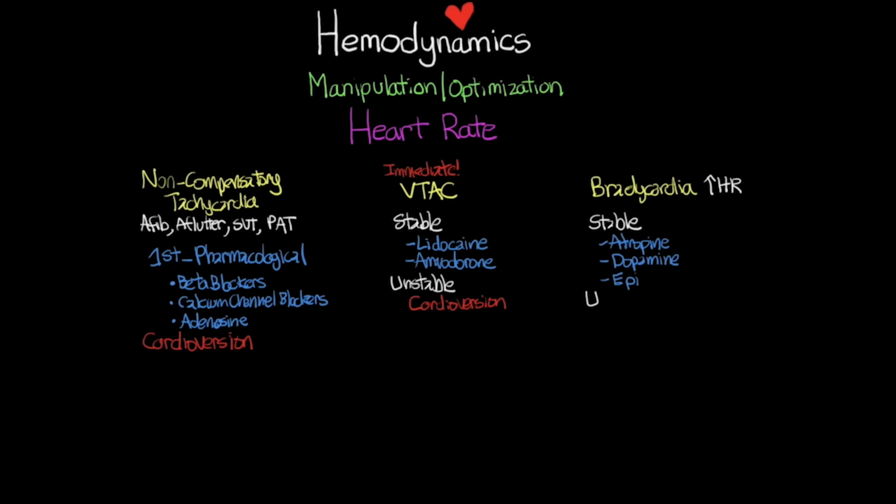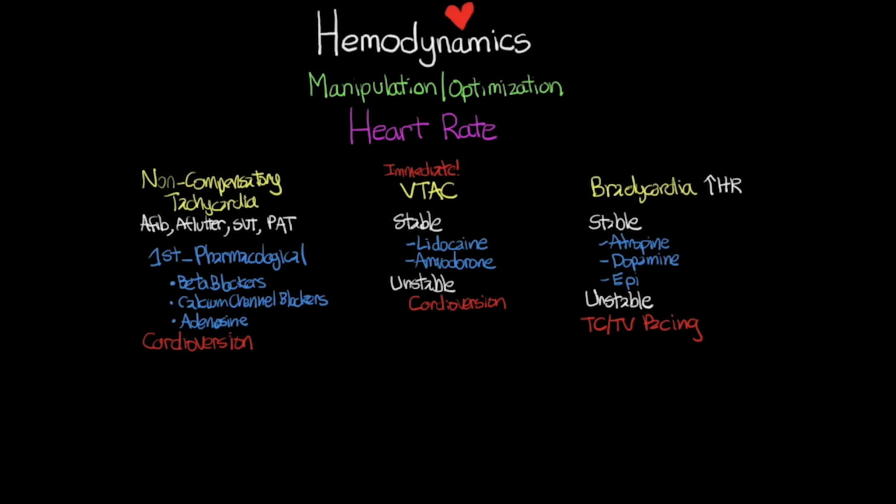But if your patient is either unresponsive to those or they're unstable, then we will move to either transcutaneous or transvenous pacing. And we will simply take over and control the heart rate for them.